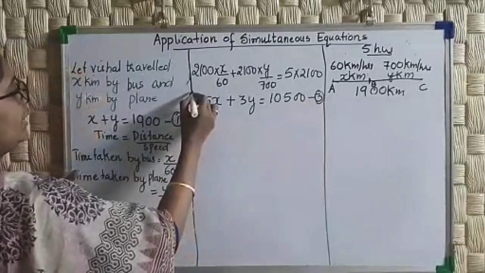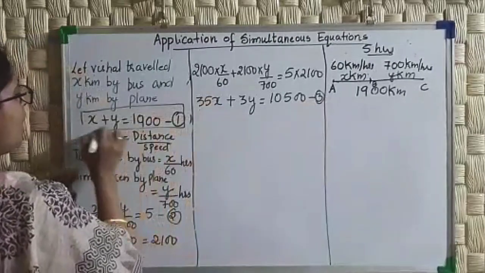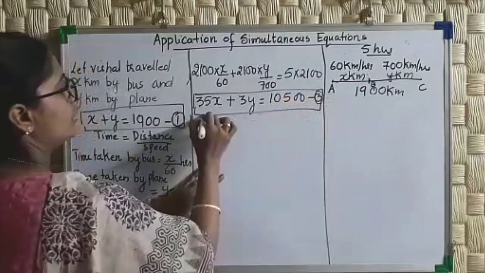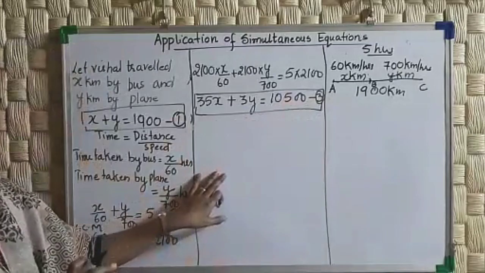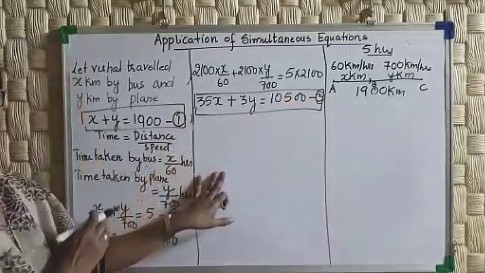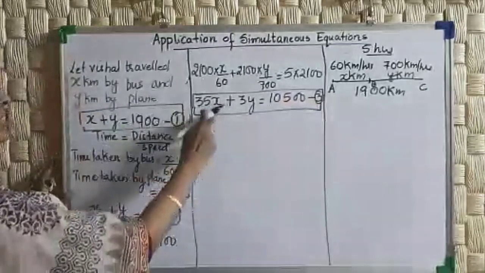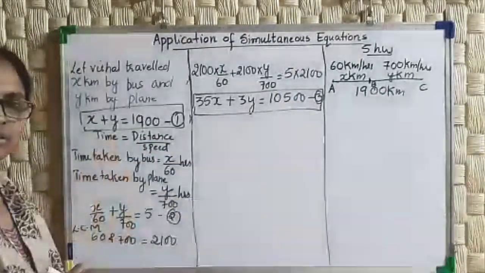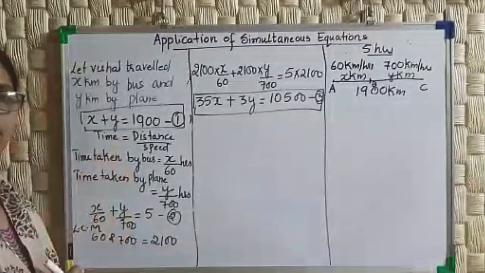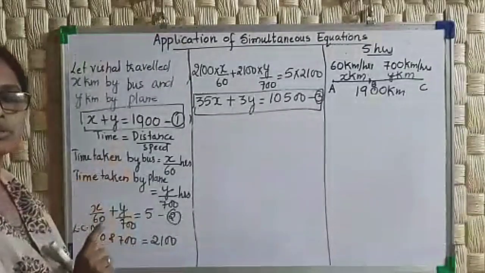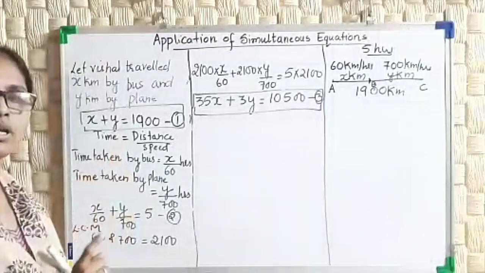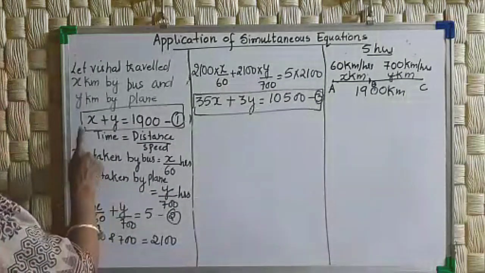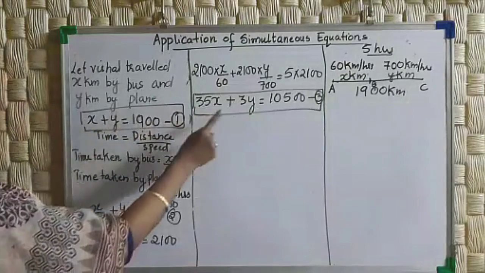Now we can take the first equation and the third equation as the two simultaneous equations to get the final answer. When you compare these two equations, we can solve them by the elimination method. For eliminating one of the terms, the coefficient of one of the variables has to be the same. In that case, we have to multiply equation 1 by 3.